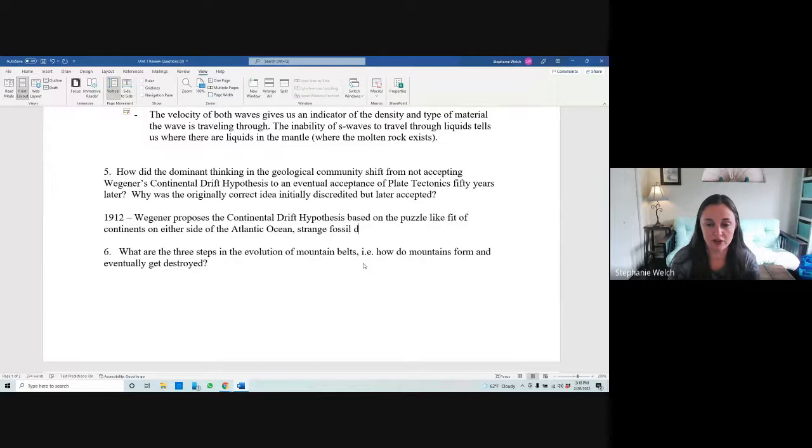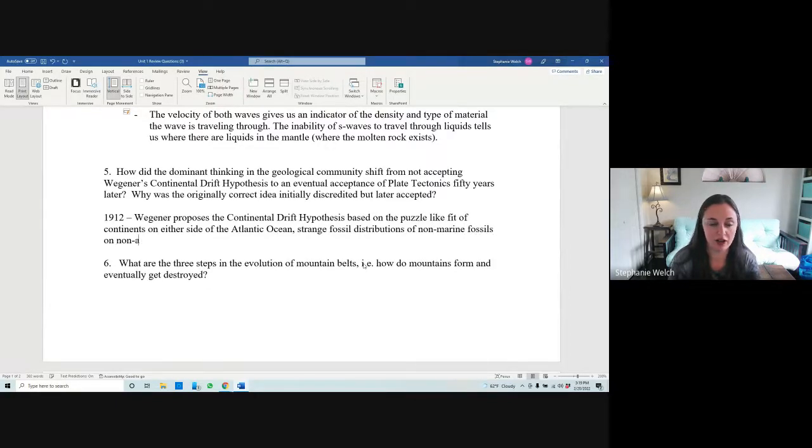Strange fossil distributions of non-marine fossils on non-adjacent continents.